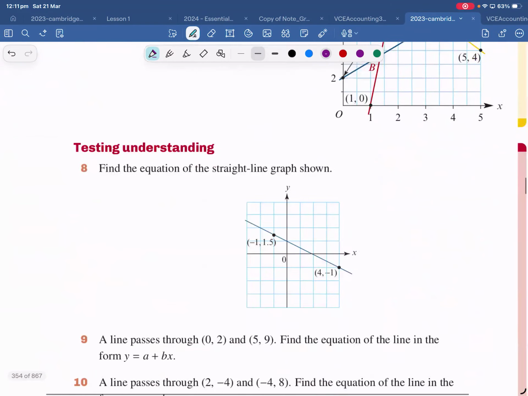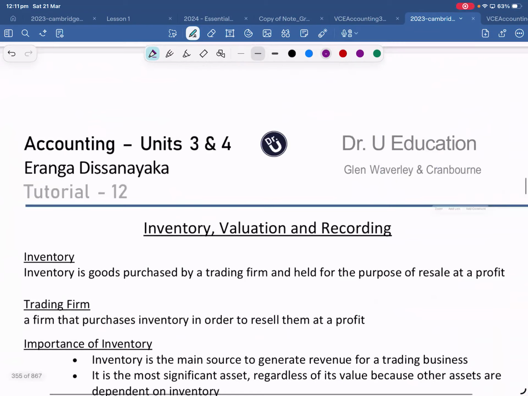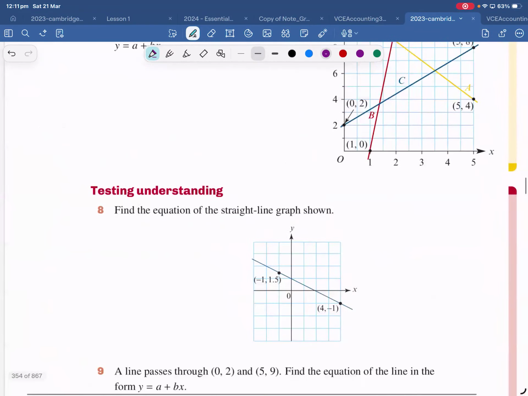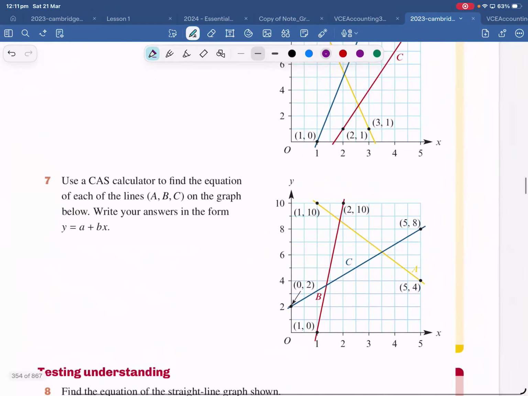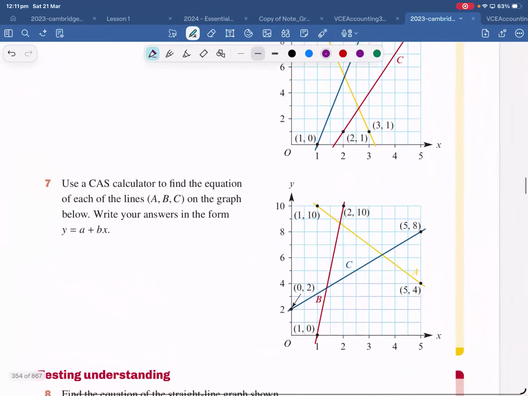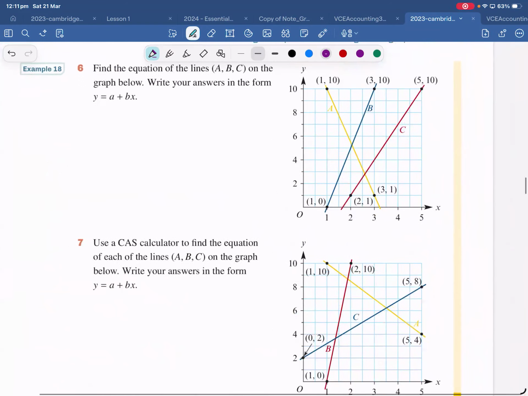Which one are you comfortable doing, using the CAS or manually? Both are fine. Okay, then do question 6 and 7.